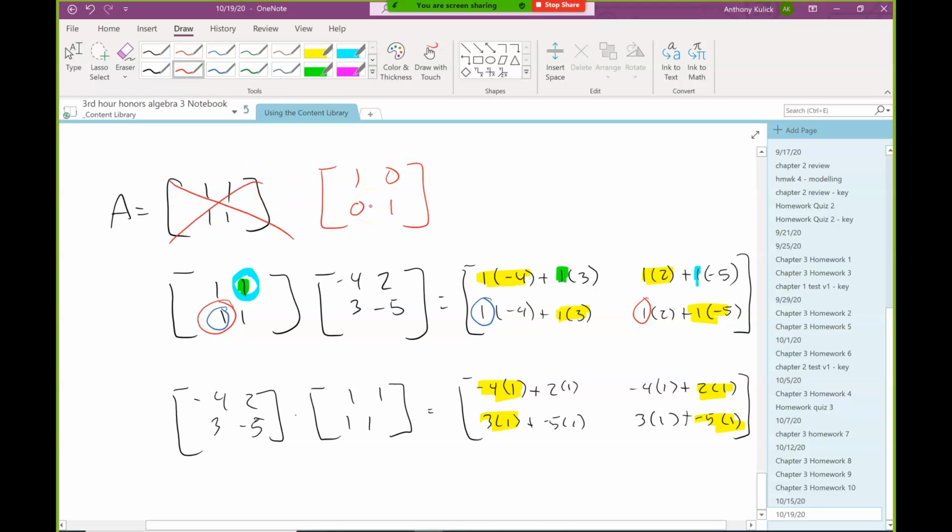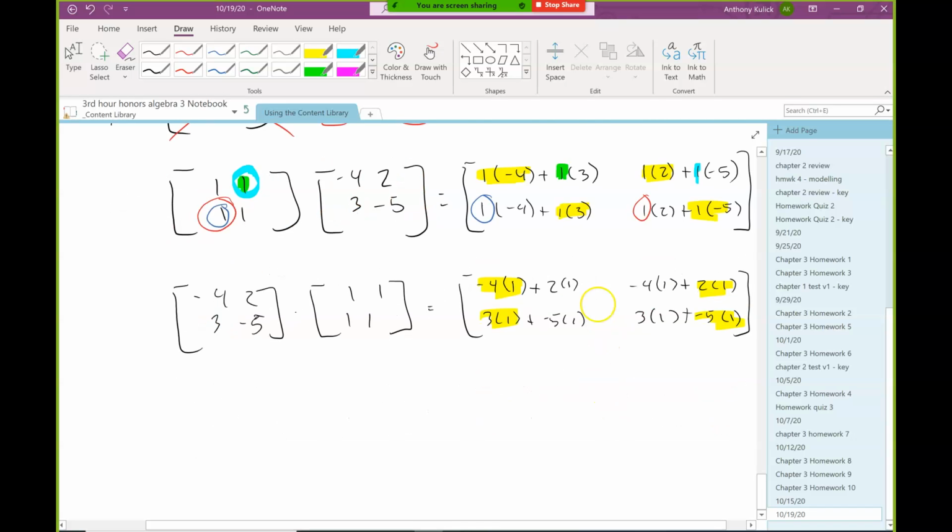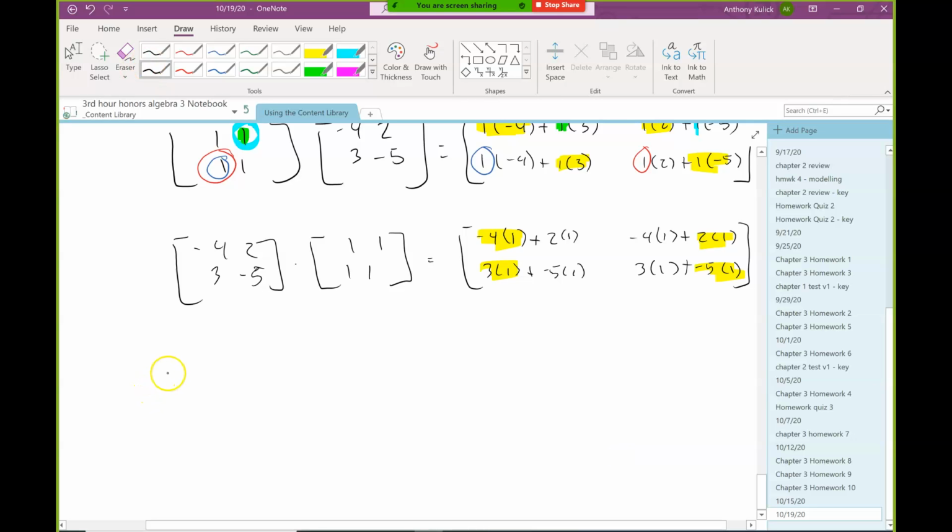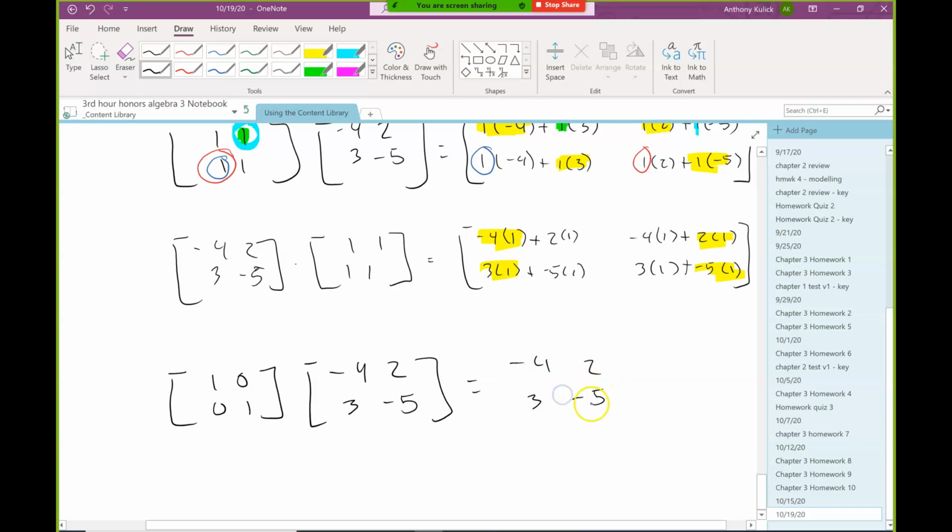And in fact, if you take a look at the result, you should notice something else. What else do we notice? It's what?